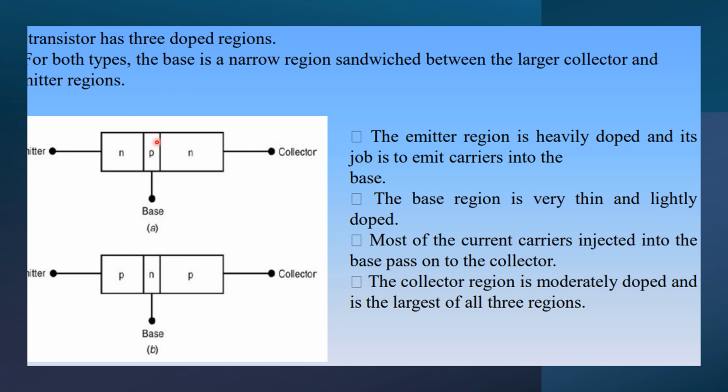Base is thin, collector width is the largest when compared to the remaining two. This is the NPN transistor. Same like that for PNP also: emitter, base, collector, heavily doped, lightly doped and thin, moderately doped, and the width is large when compared to the remaining two terminals.